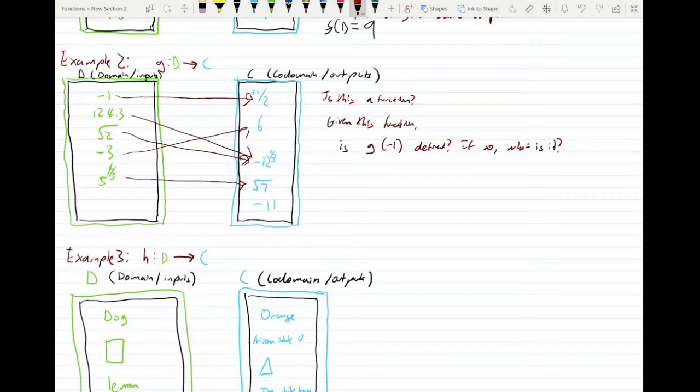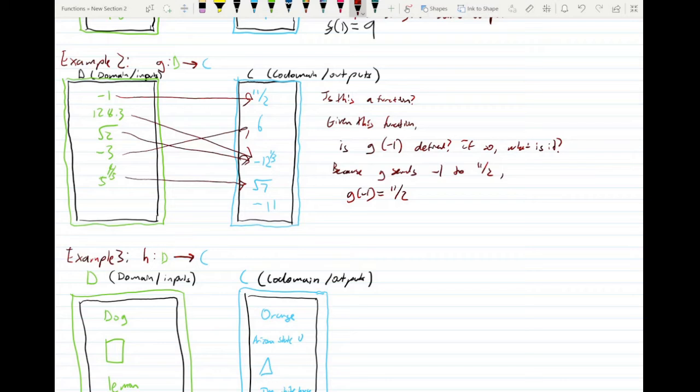All right, the correct answer is that g of minus 1 is defined. And because g sends minus 1 to 11 over 2, we write g of minus 1 equals 11 over 2.